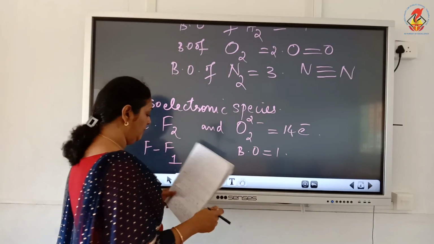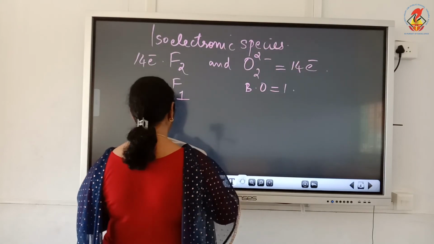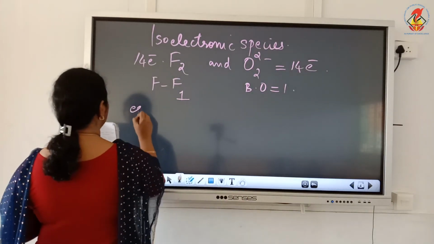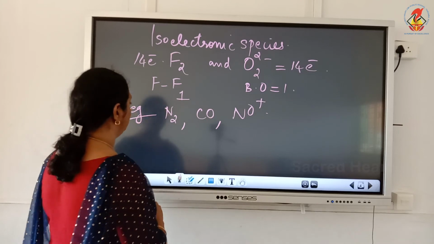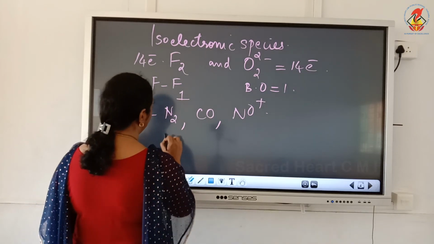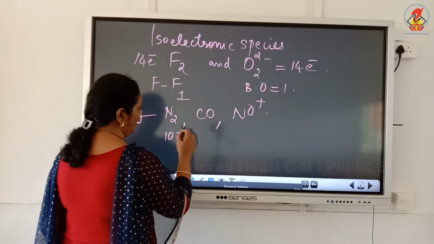This is one example. Another example is N2, CO, NO plus. First let's check whether they are isoelectronic species. N2 means 5 plus 5, 10 valence electrons.